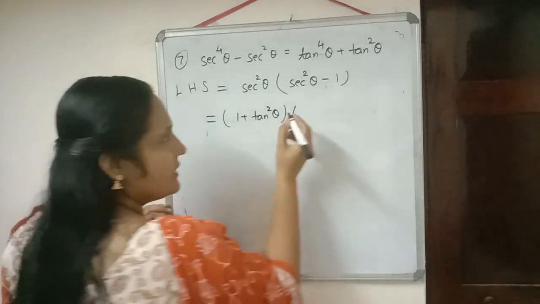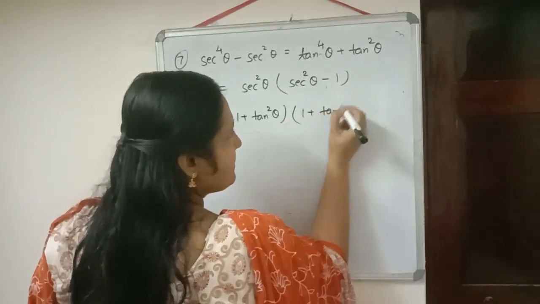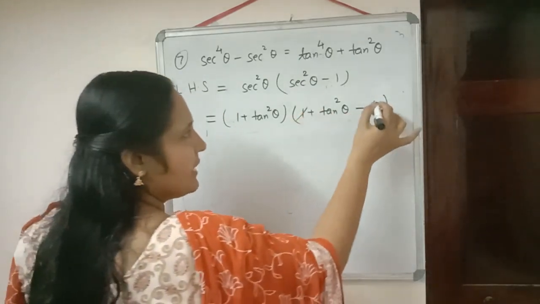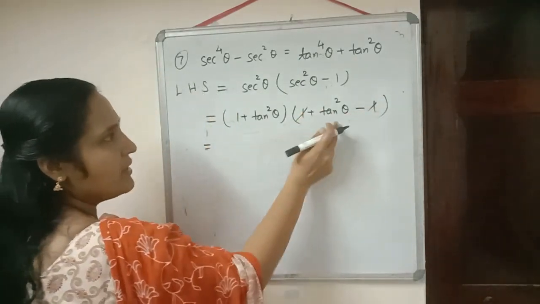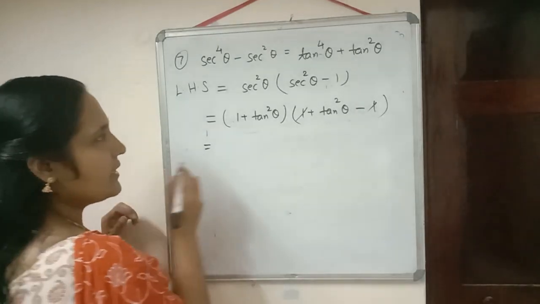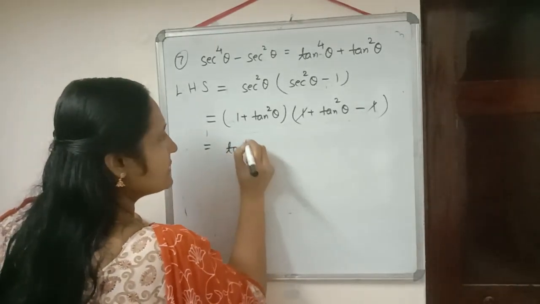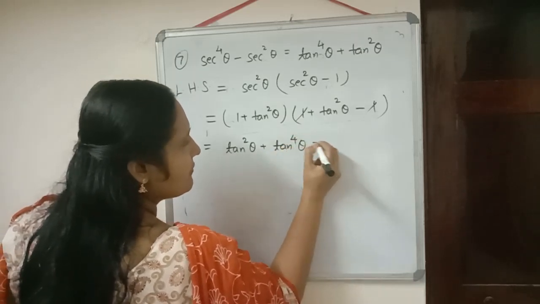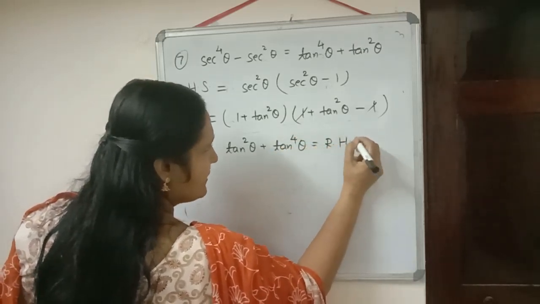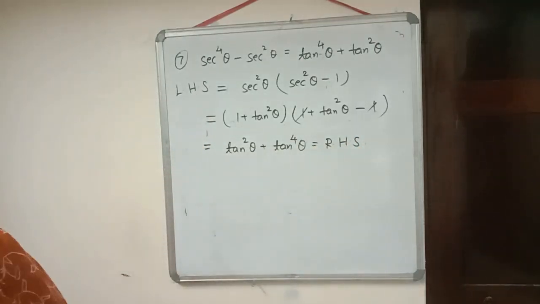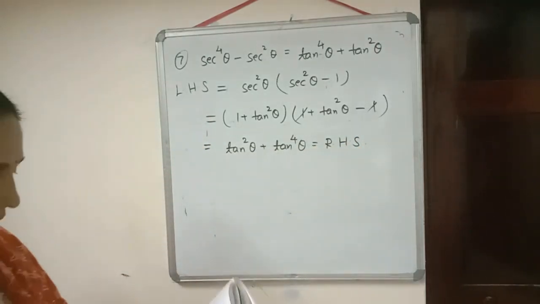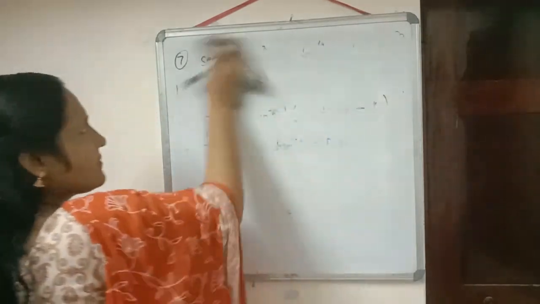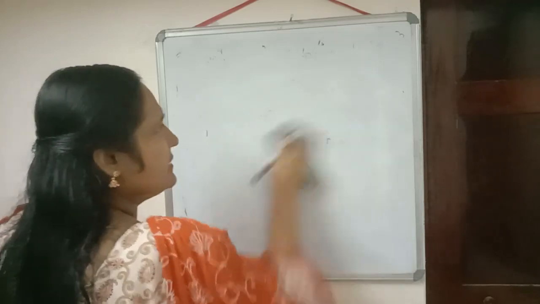Here also it can be written as 1 plus tan square theta minus 1. So 1 and minus 1 will get cancelled. Now we will multiply it by tan square theta. Then it will be equal to tan square theta plus tan raised to 4 theta, which is equal to our right hand side. So in this way you can check. If you use the correct identities, your calculation also will be easy. Okay. Now all of you write down the next question.